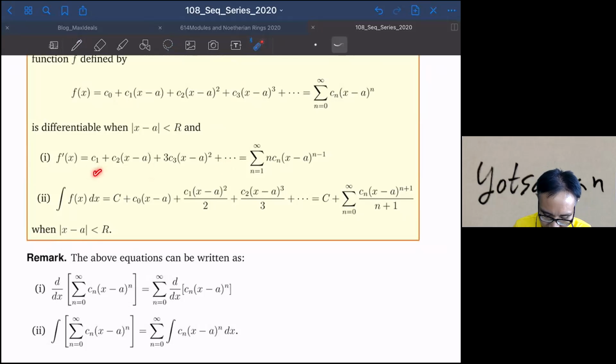So it's going to be c1, c2, c3, and so on, and it's going to be n c n times x minus a to the n minus 1.